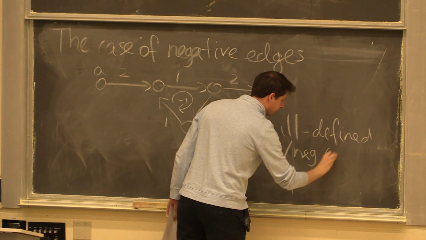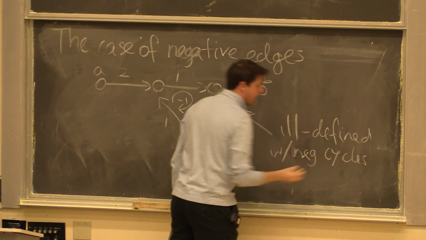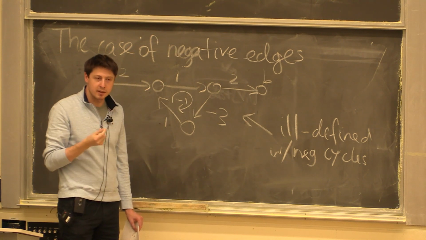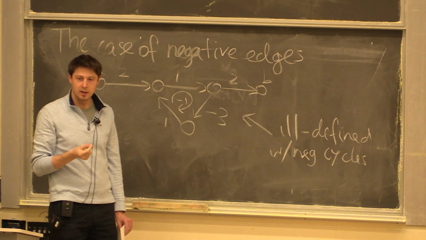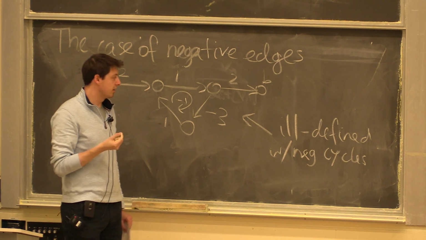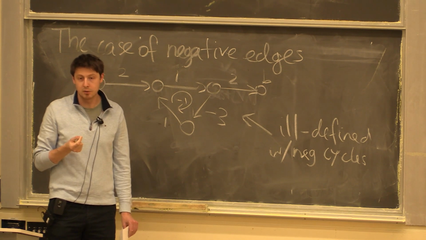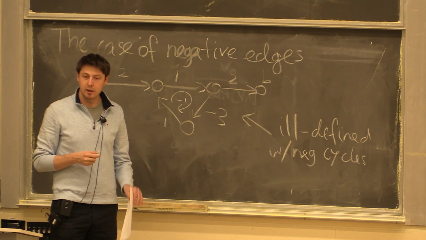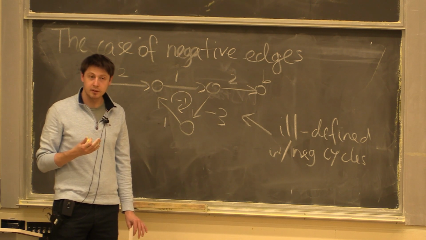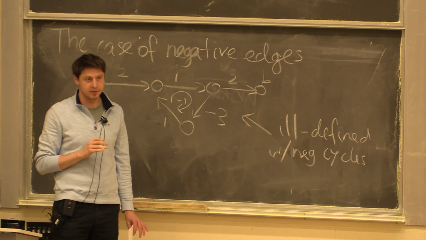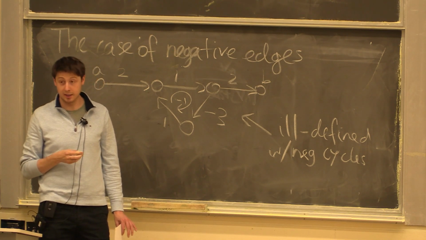But notice that if there are negative edges, it doesn't mean that there are negative cycles. If there are no negative cycles, then the question is well-defined. So we should restrict our attention to graphs that, for now, we're just going to take as a given have no negative cycles, and later we'll see how we can detect whether there is a negative cycle or not.